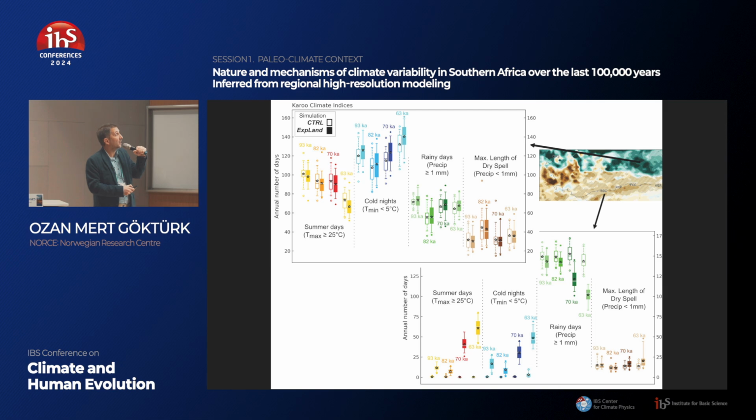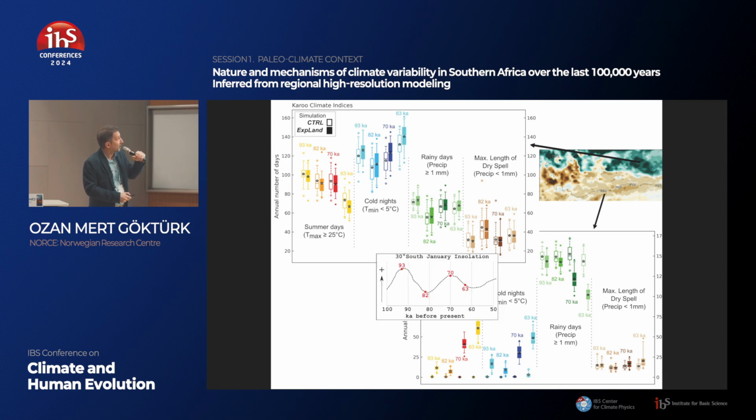And as you see, the climate change signal, if you just focus on, for example, the number of rainy days, is quite different. The changes in the Karoo very closely resemble the change in insolation arising from the change in the precession cycle.